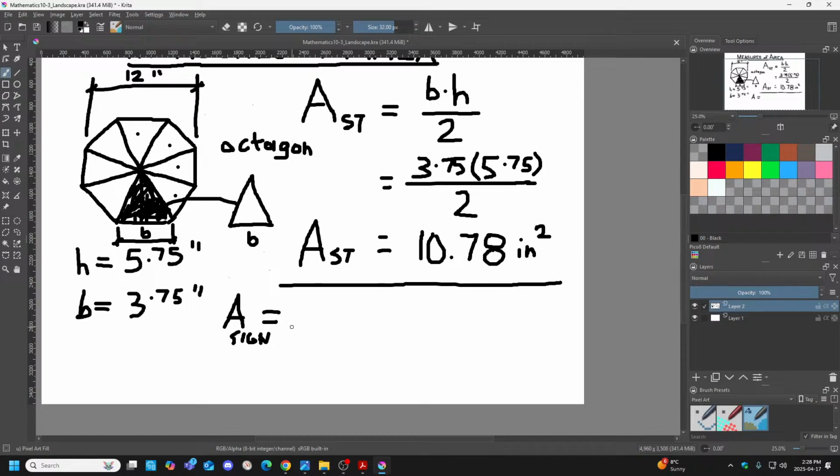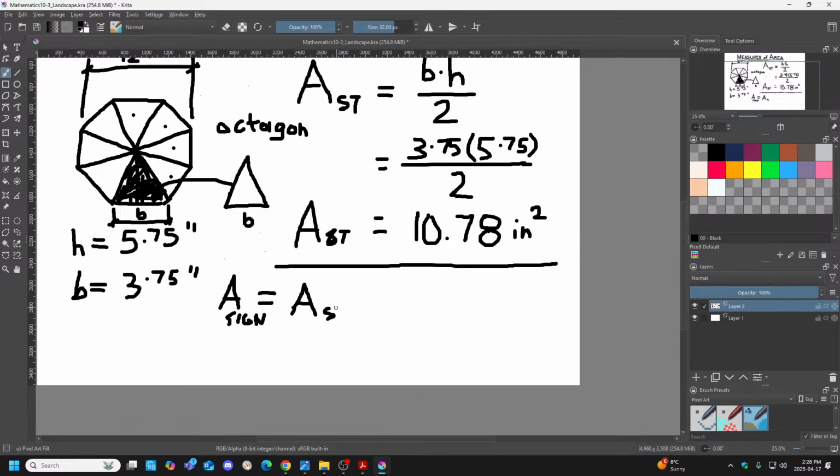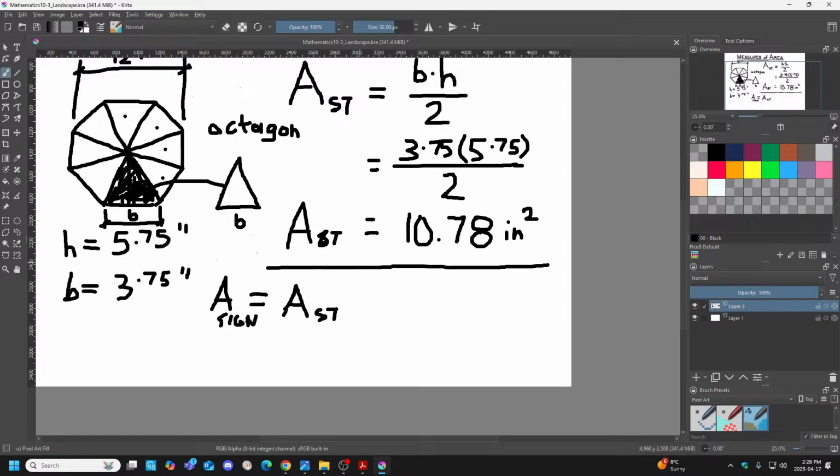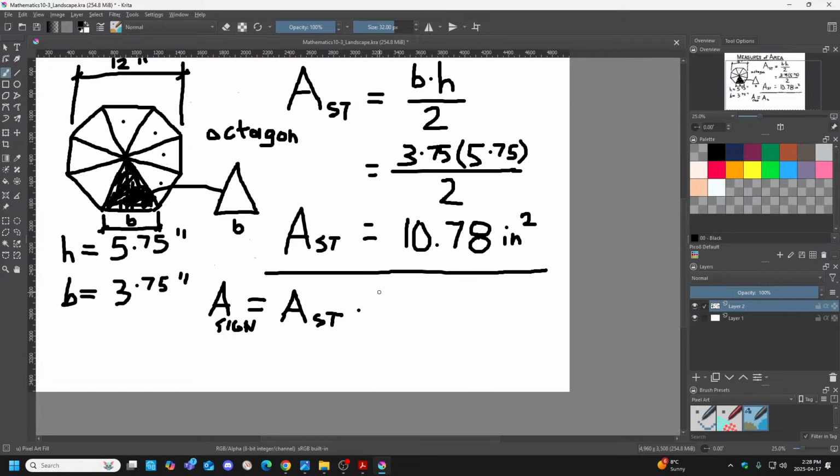Area of our sign is equal to area of our triangle multiplied by 8.